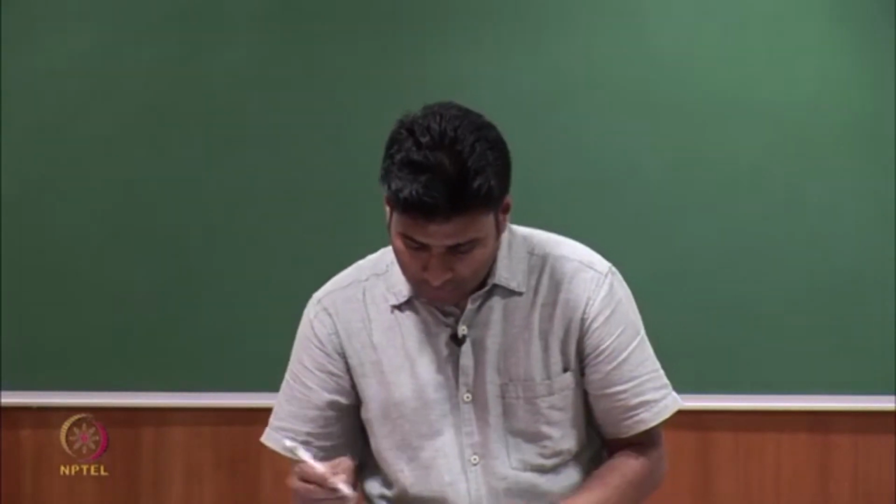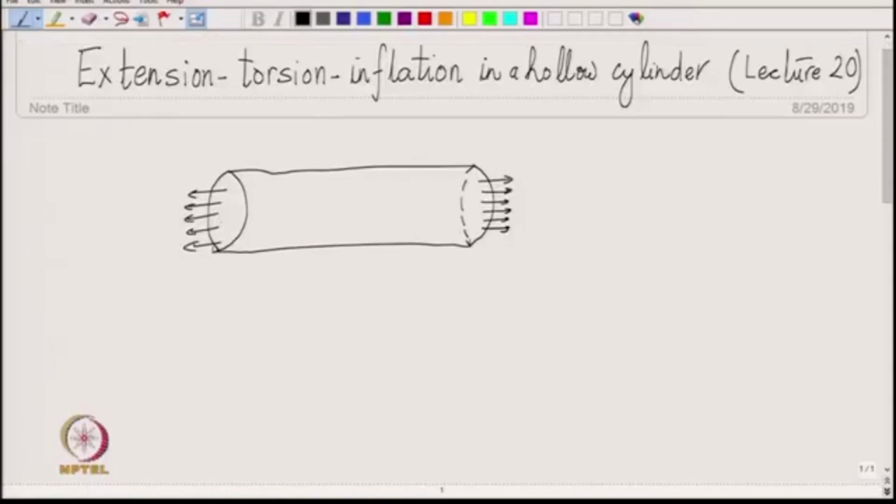Okay. So, coming back to the picture, if the cylinder is hollow, it will also have the inner wall, right.